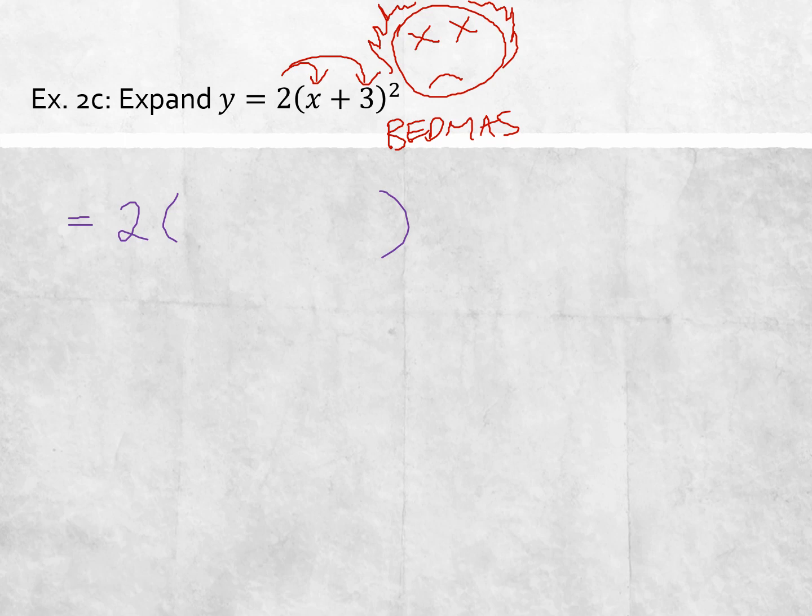You can write 2 of them if you want and expand or use FOIL. I'm going to use our shortcut already here again. You already have it. So we have (a + b) squared. I know that gives me a squared plus 2ab plus b squared. There's my a, there's my b. So a squared, x squared.